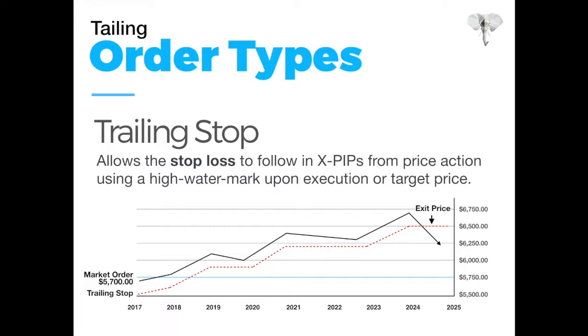We set the trailing stop below it. Price goes up to a little bit above 6,000, and then it starts declining to 6,000, right? And we can see that the trailing stop goes flat. It doesn't descend with price action, it goes flat.